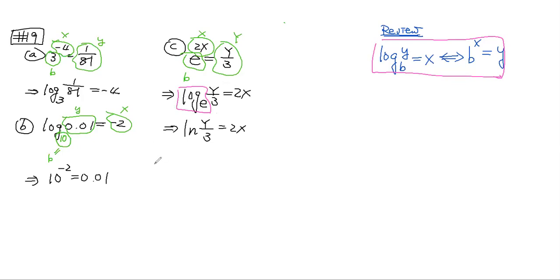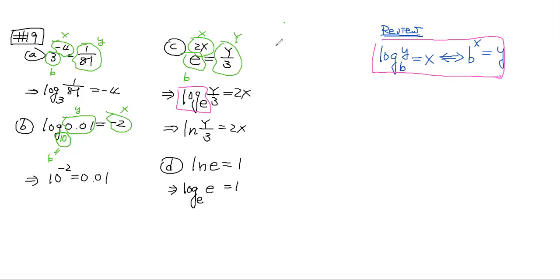Okay, now let's see part D: the natural log of e is equal to 1. How do I change it to the exponential? The natural log, like we talked about, is a log with base e.